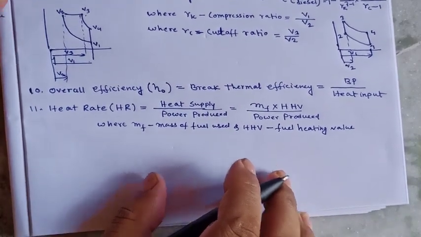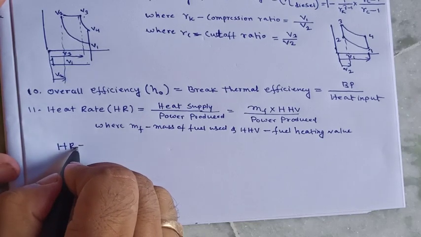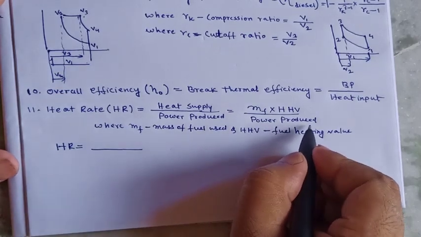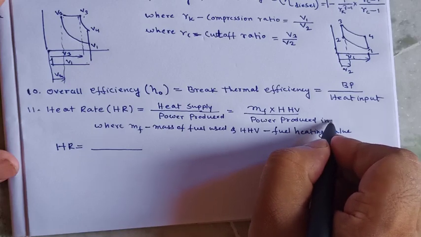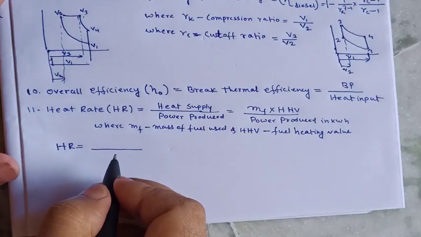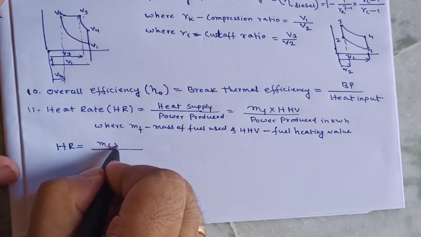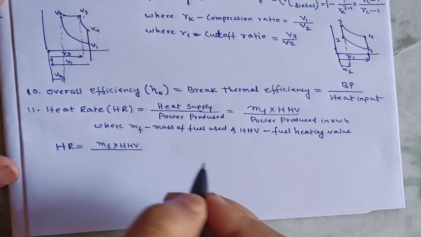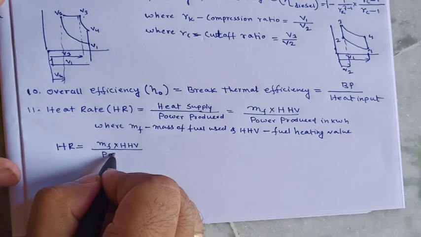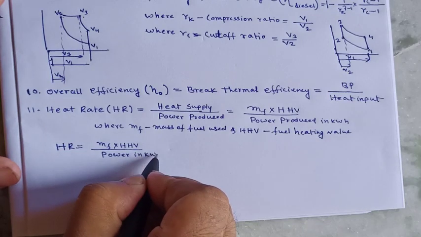Now we can write that HR equals, this power produced is in kilowatt hour, so I can write mf into HV by power in kilowatt second.